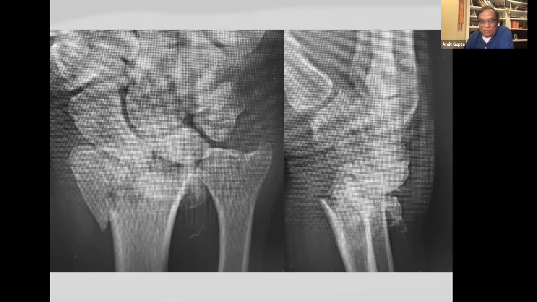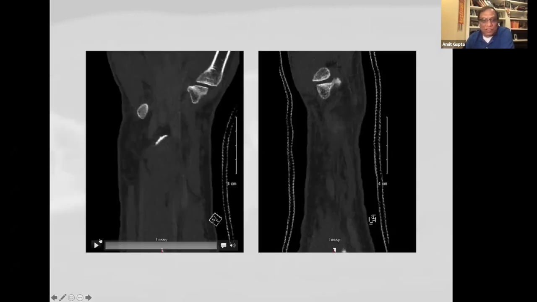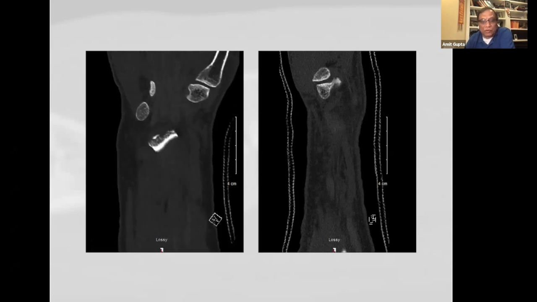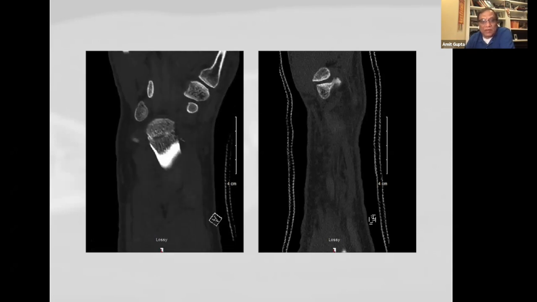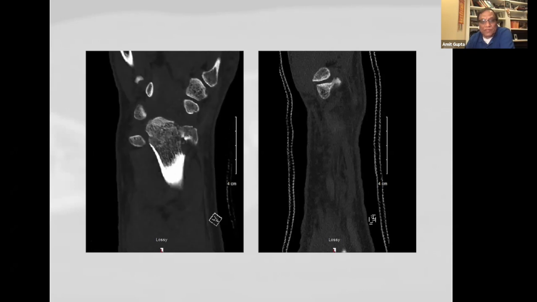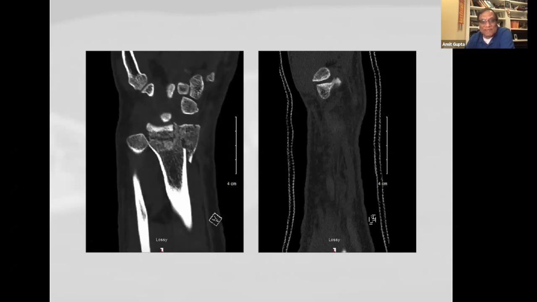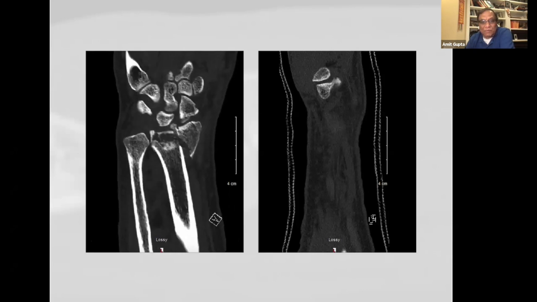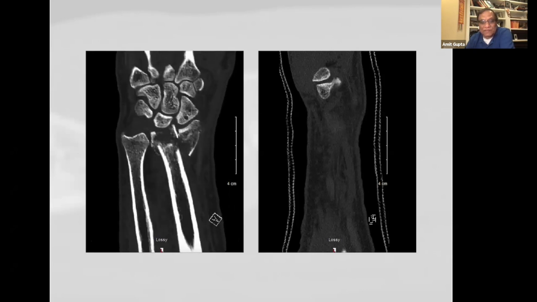So in the interest of time, let's go ahead and look at the CT. So here's the CT, the coronal views. And as you can see, it's pretty bad on the ulnar side and centrally.